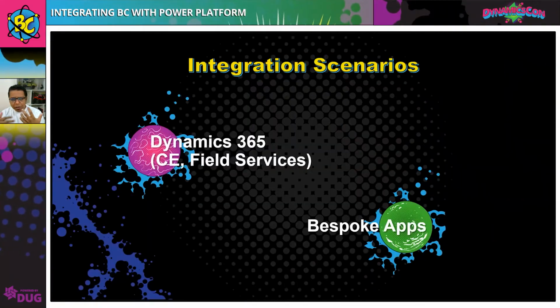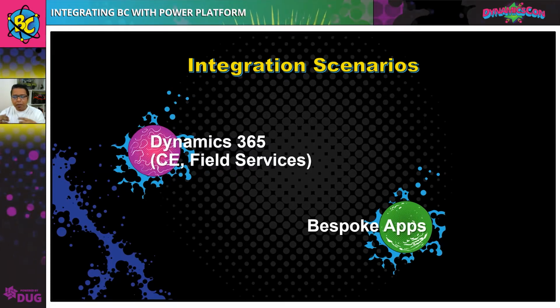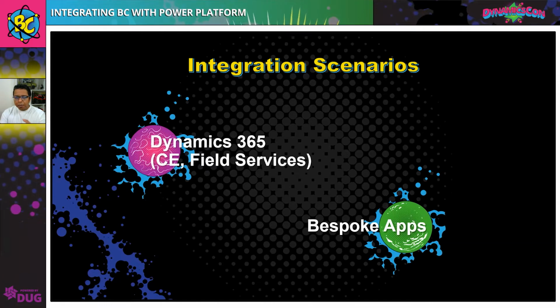The main integration scenario I can mention is Dynamics 365, which is the best example. By default, Dynamics 365 customer engagement, sales, and HR apps use Dataverse as their backend database. Therefore, Business Central can easily integrate with all these apps using multiple integration methods.